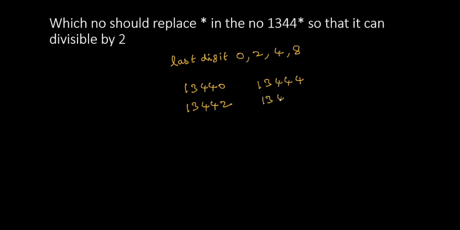And the next number is 13446 and 13448. So, these are 5 numbers which can be divisible by 2 in this pattern. So, star can be replaced by any one of these numbers. So, 6 can also be replaced. Okay, 6 can also be replaced. Now, this is the answer for this. Any answer out of this is correct.